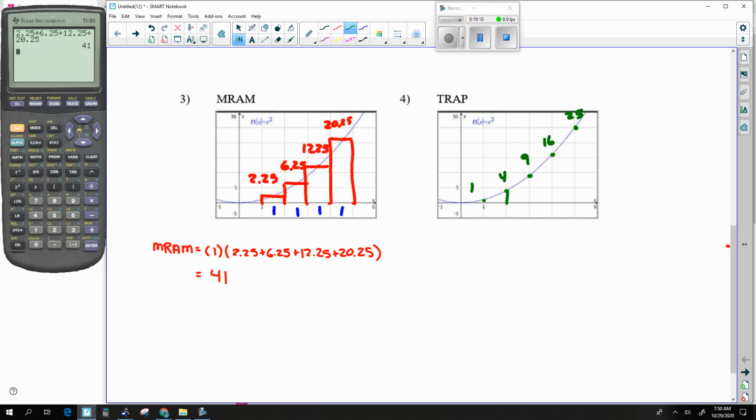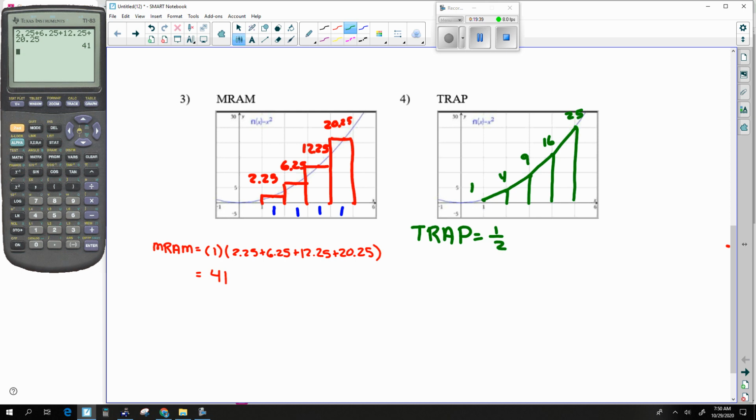All right, so we create these, and we have trapezoids. So we have to use the trapezoid formula. The very first trapezoid is going to be 1/2 its height.